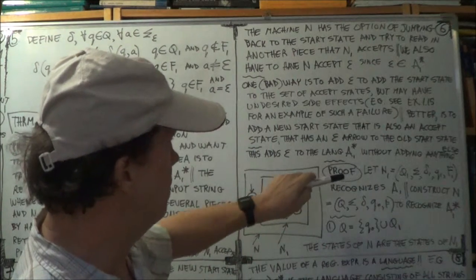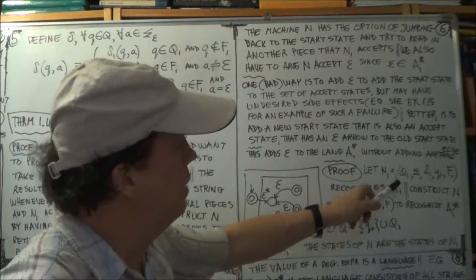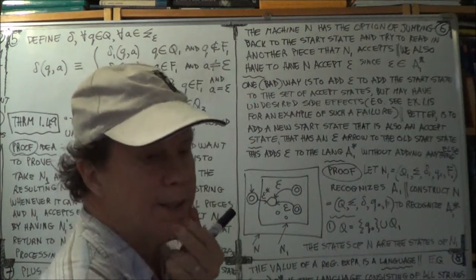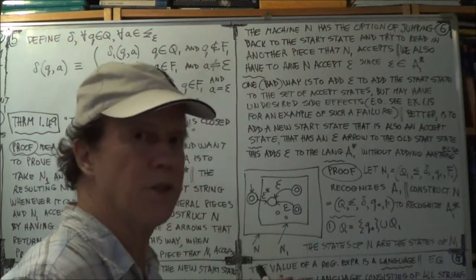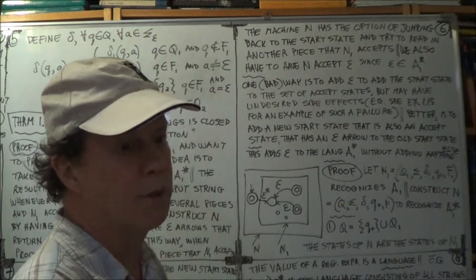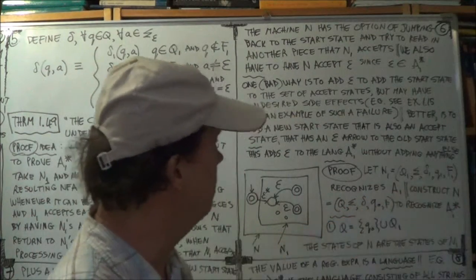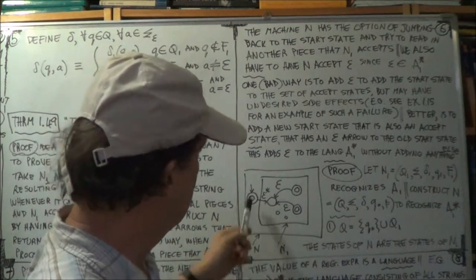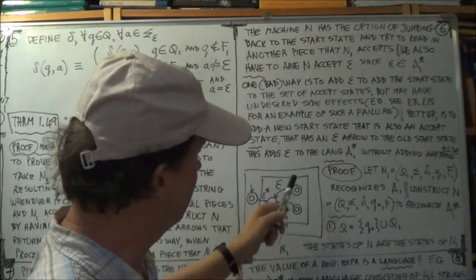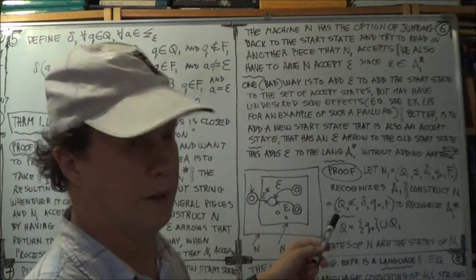Okay, now let's do the actual formal proof. As usual, it's again a proof by construction, that's no surprise. So we have to find the formal description of this big N, so the usual 5-tuple. And we're going to use N1 as a component, as a part of the bigger machine, although it's not much bigger, right?